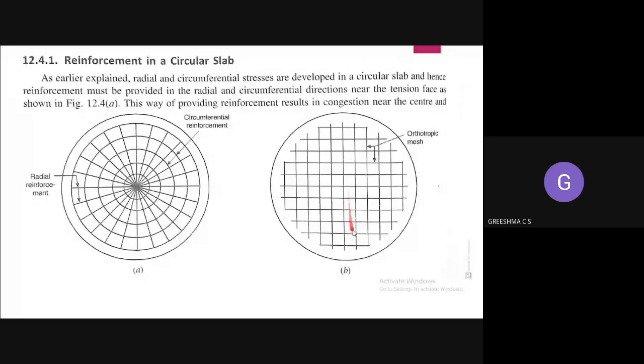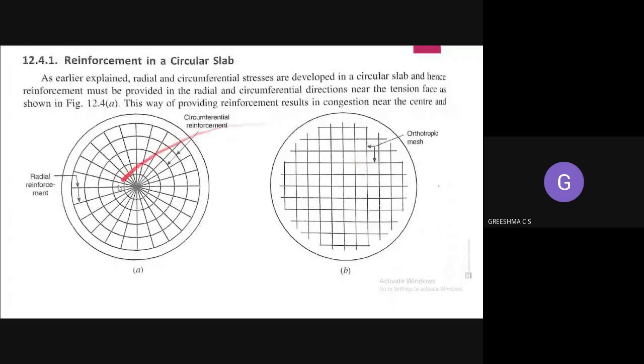This is called a mesh reinforcement. That is, you keep the reinforcement bars orthogonal. First you lay in one direction, and on top of it, in the opposite direction, you lay the other reinforcement. So this is the orthotropic mesh reinforcement. You can also call it mesh reinforcement.